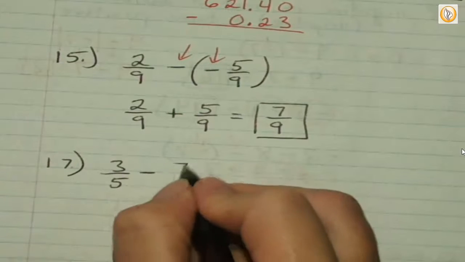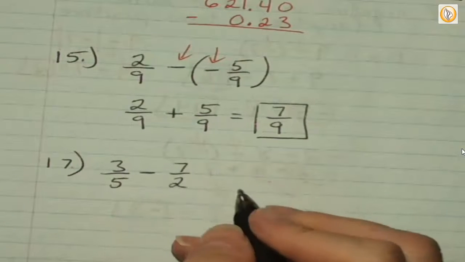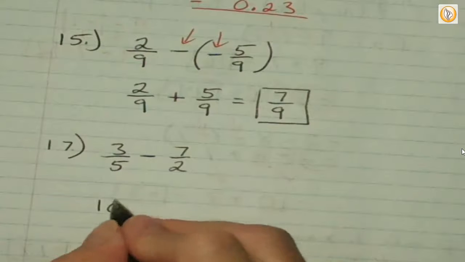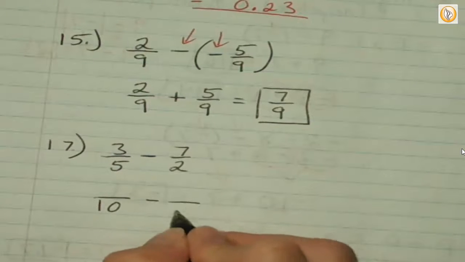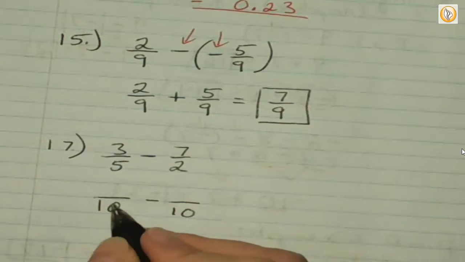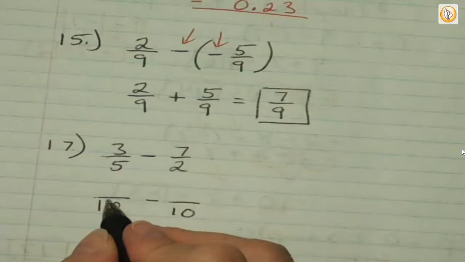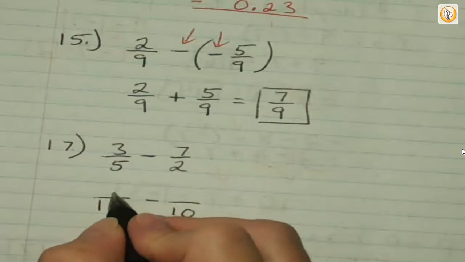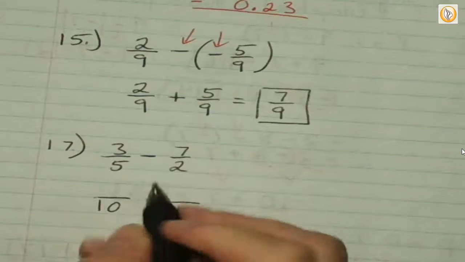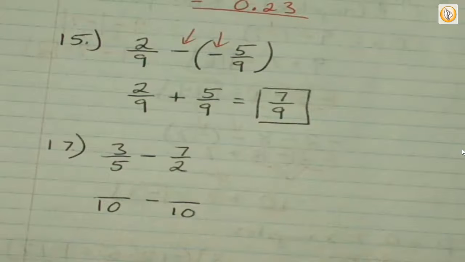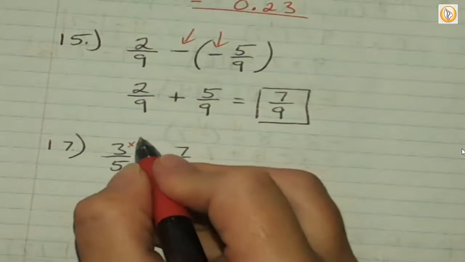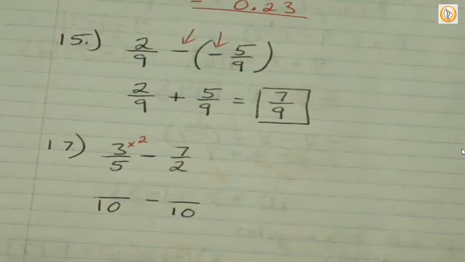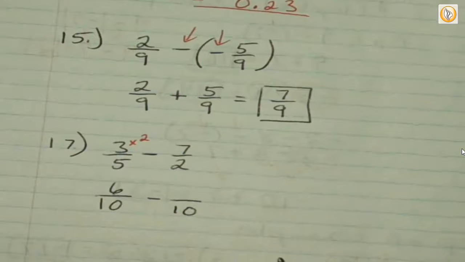3/5 minus 7/2. Okay, what's my new numerator for over here? 15. How many times 5 go into 10? 2 times 3 is 6.